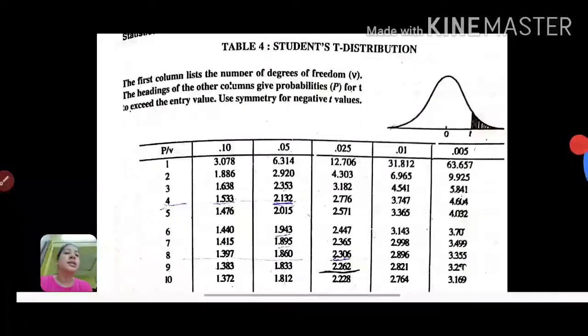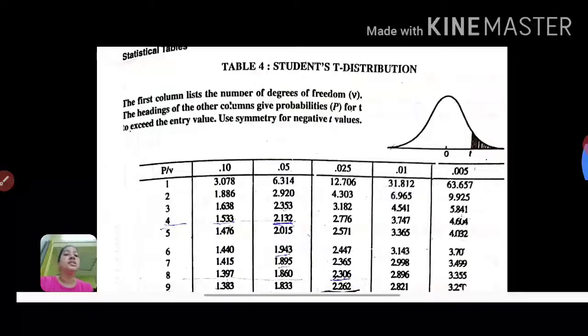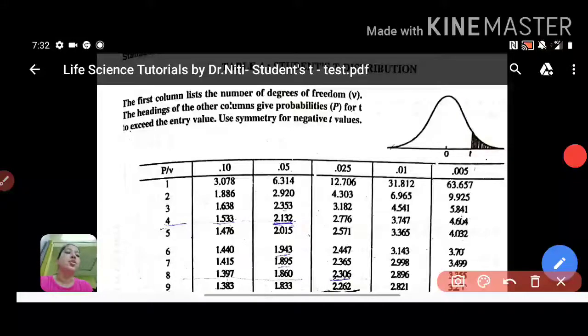Here the table that is given, actually t distribution table is of two types, that is one-tailed table and two-tailed table. Here I have taken the one single-tailed table. So the difference between these two tables is the value of level of significance that you have to see in the single-tailed table.